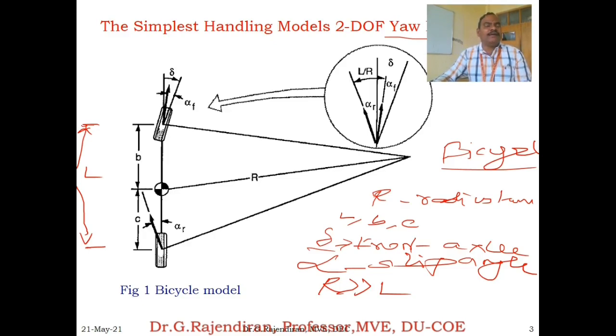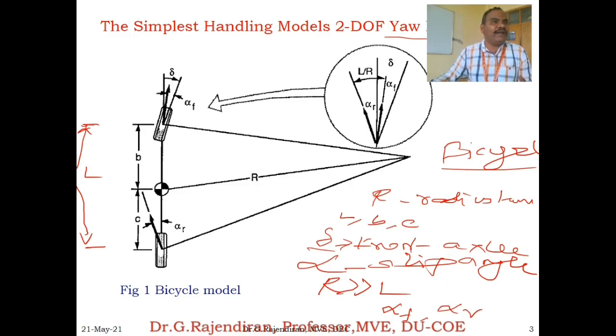Second, the difference between the slip angles of the inner and outer front wheel is negligible. So assume that for the front wheel the slip angle is alpha f, and for the rear wheel the slip angle is alpha r.